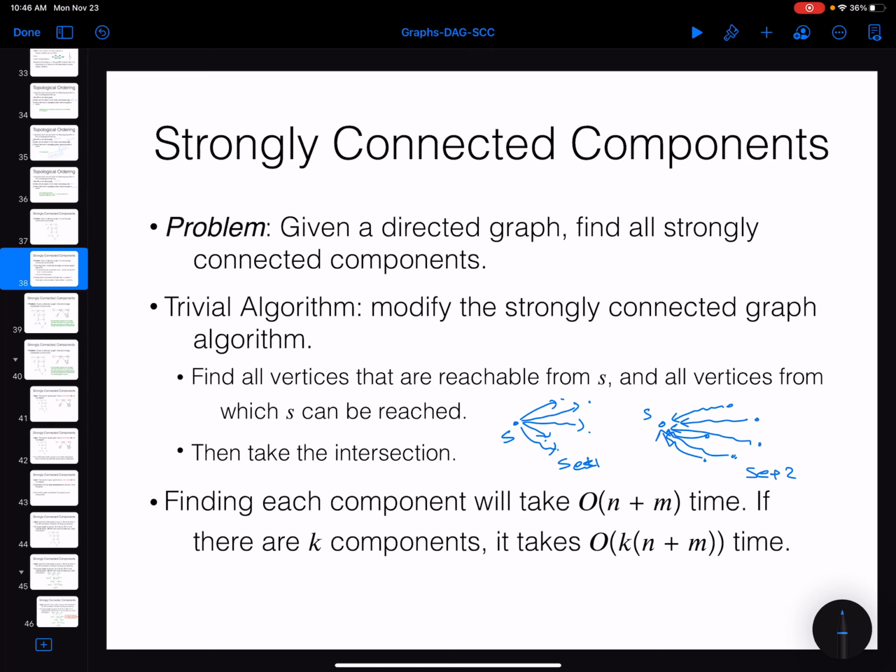So in total, this is going to be k multiplied by n plus m, where k is the number of strongly connected components. So clearly this is not desirable. I am looking for a better algorithm, one which is more efficient than this.